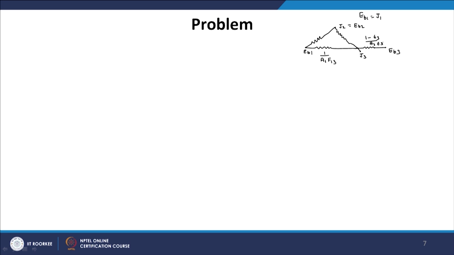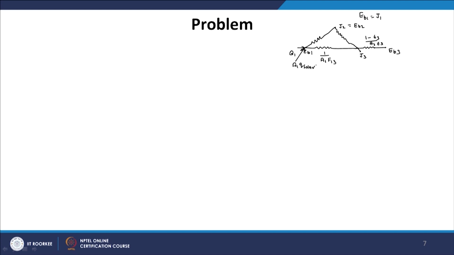Now, for a radiative problem, this network is good enough. We have radiation from the sun.